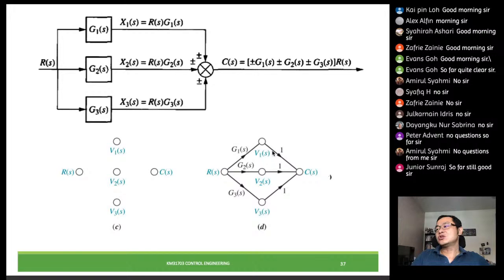So what we do is we put 1, 1, 1 to represent the transfer functions. You may want to put -1 or 1 to represent plus or minus, up to you. But going through the summing junctions, we put 1, 1, 1, so that we sum at this C as our output. So this is how we form a signal flow diagram from a block diagram.